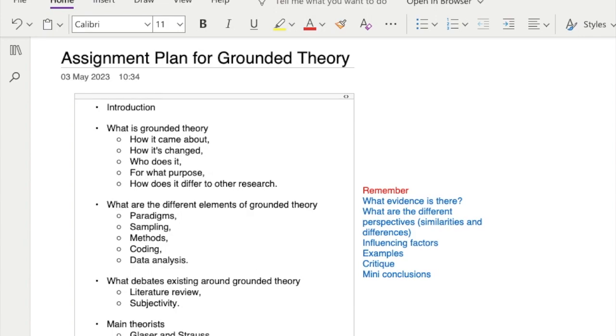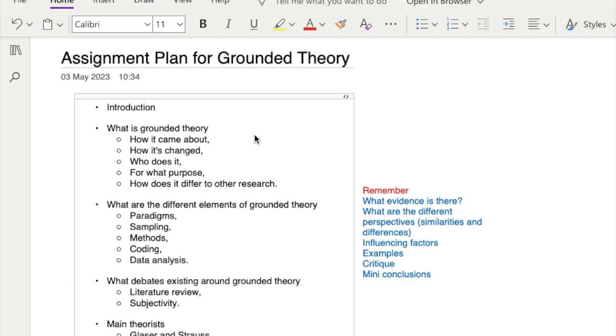I could put numbers against words, so the different sections I could number, or if I use an electronic version, obviously I could move things about. But I feel now I'm ready to just type up my plan. So I'm using OneNote to do that. You can use Word, whatever you would like. So here I've got my assignment plan for grounded theory, and I start to put it in what I feel is a logical order.